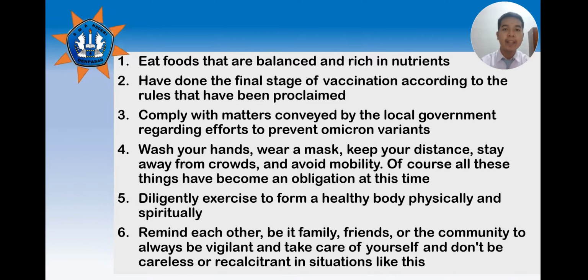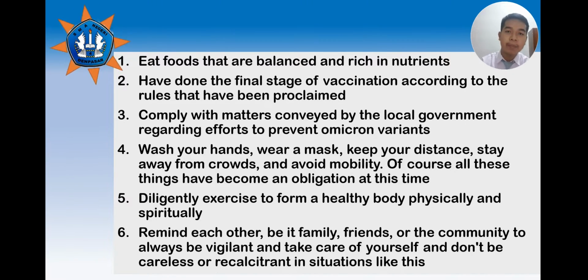These are the steps or methods of how I can protect myself against the Omicron variant. The first one is to eat foods that are balanced and rich in nutrients, for example milk, that have a good impact on our body.